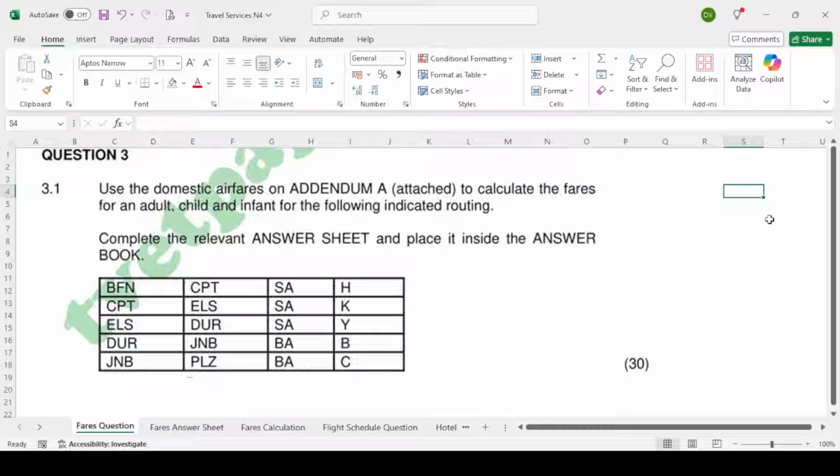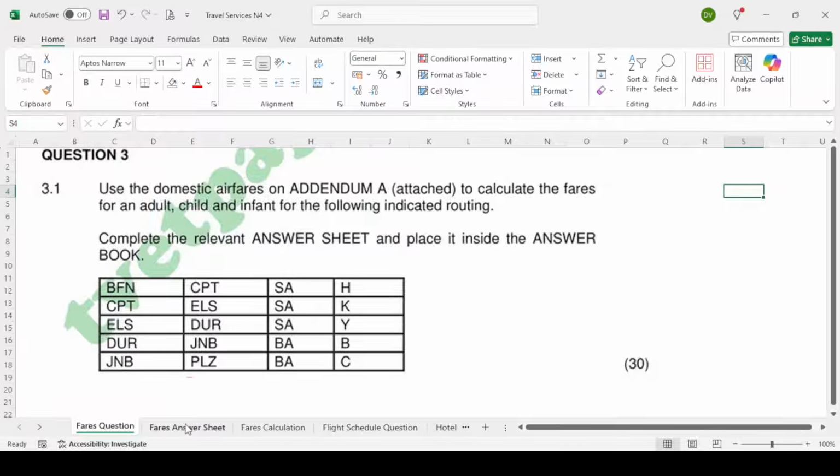They also give you the carrier. So we've got 3 flights here on SAA and 2 on British Airways, and they give you the class of travel. You then have to go and find the cost of these flights, the fares, on your fares handout, and insert it onto the answer sheet.